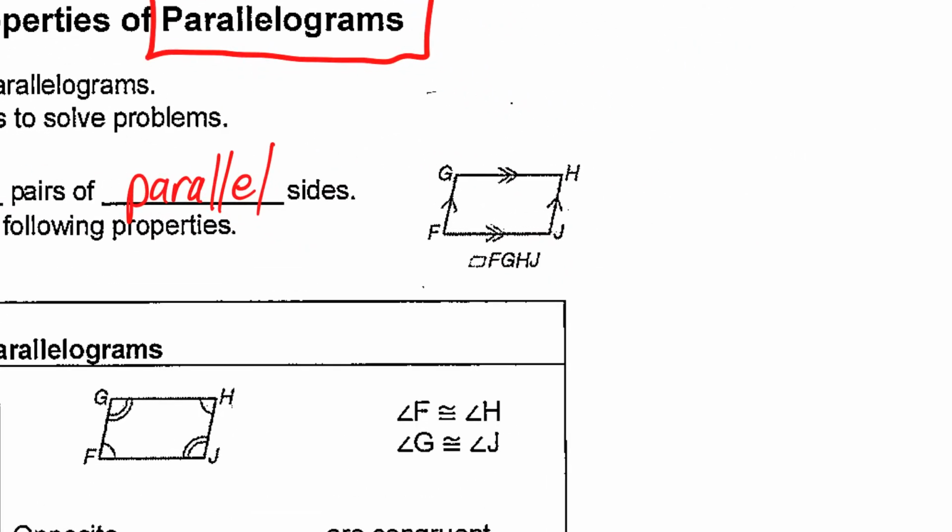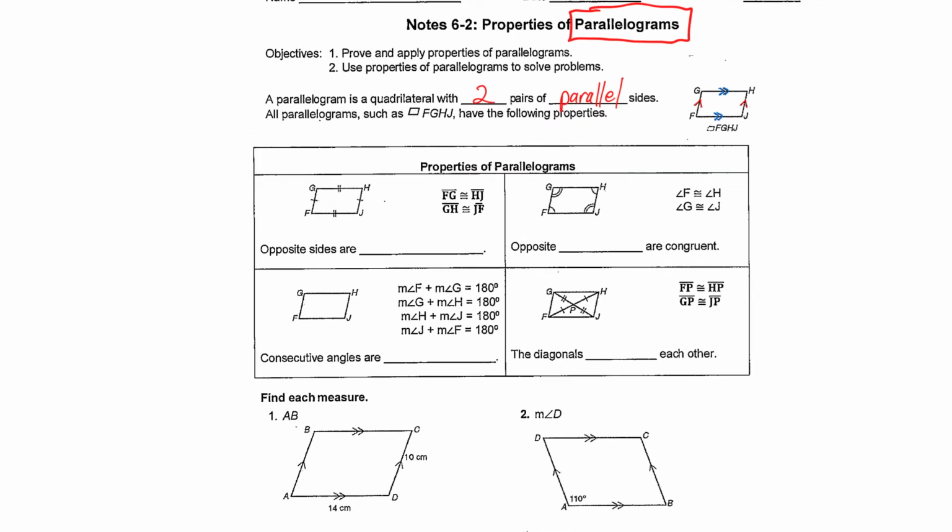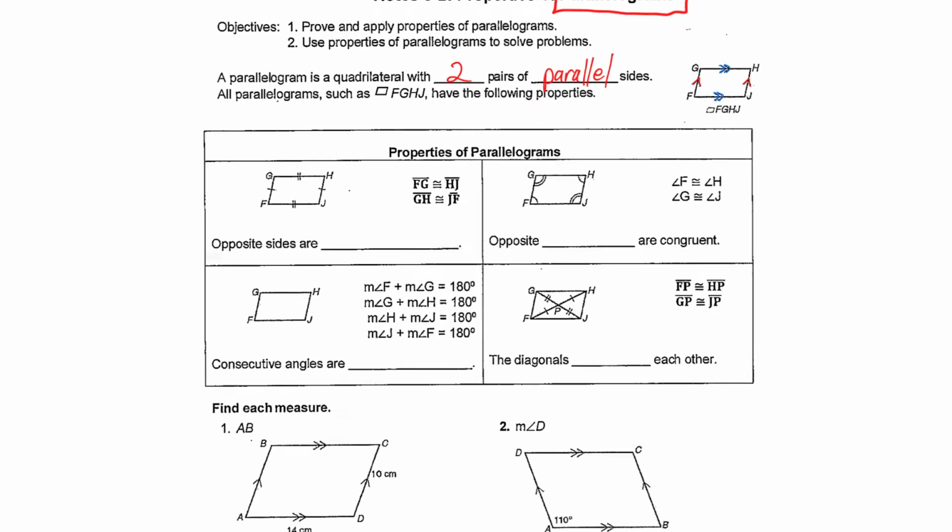So if you remember, we've talked about this: whenever you see this little set of arrowheads like this, that's telling you that those lines are parallel. So those 2 sides are parallel to each other, and then these sides are parallel to each other. And the reason one has 1 and one has 2 is just to show that they're different sets of lines, obviously.